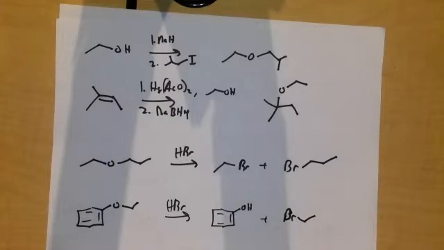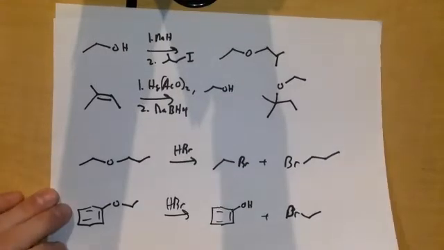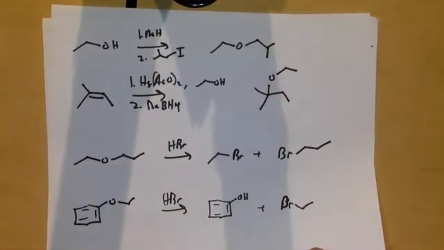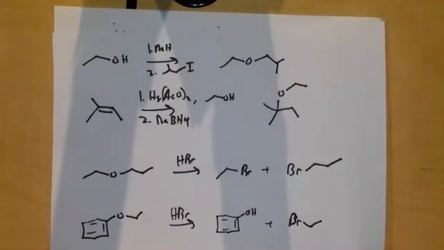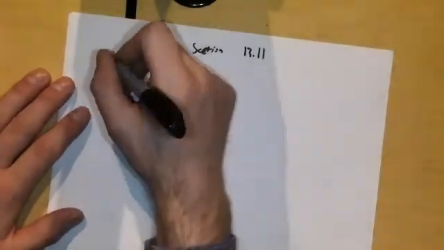I am going to skip to the end of the chapter and talk about thiols really quickly because they are the exact same reactions. I think they should have been put with ethers, but they chose to do them after epoxides. So thiols, this is 13.11.